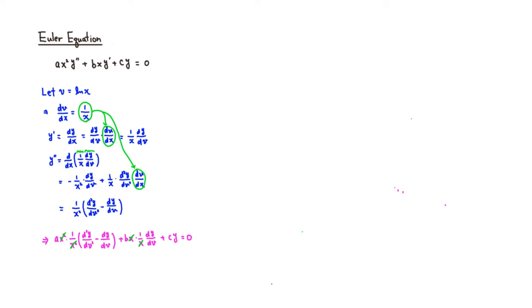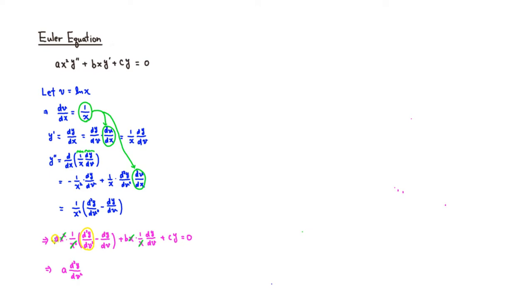So in this case, I'm going to just pick a times the second derivative of y with respect to v. So you end up getting a times the second derivative of y with respect to v. Alright, then the next one, you have dy over dv.